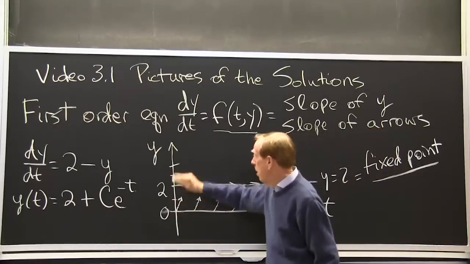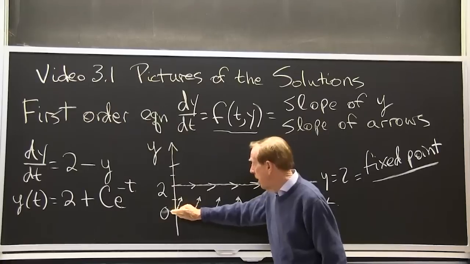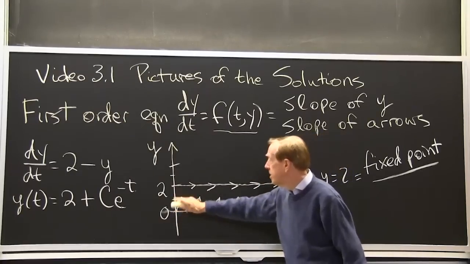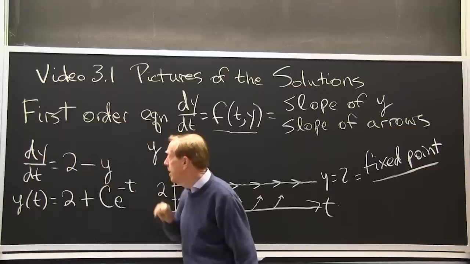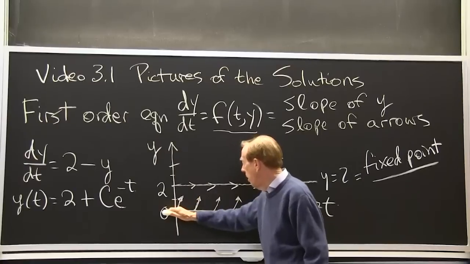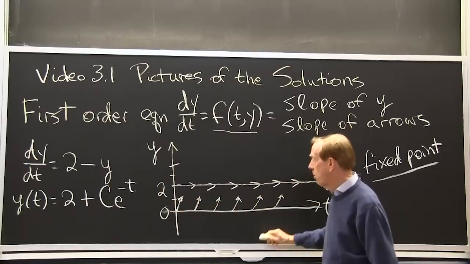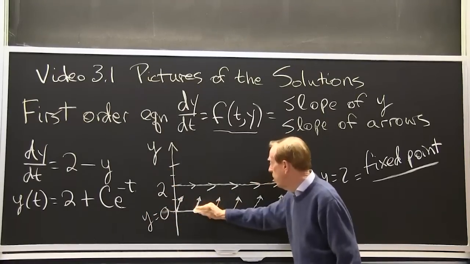So this is all time, starting at, if y is 0, then dy/dt is 2. So I draw arrows with slope 2 along the y equals 0 line. This is the y equals 0 line. All my arrows have slope 2.